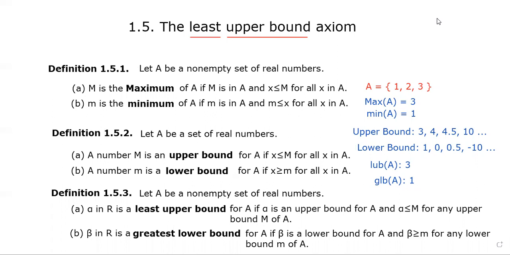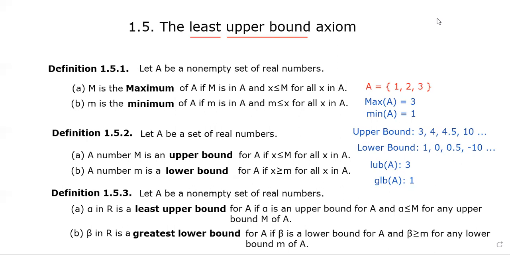So an upper bound is a value that is just greater than or equal to all the values in the set. And we will see that in the examples after all, and the same thing goes for the lower bound. The lower bound is a value that is less than or equal to all the values in the same set, and it doesn't have to be in the set, the same as for the upper bound.